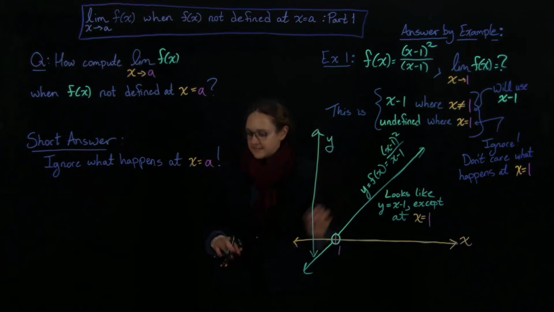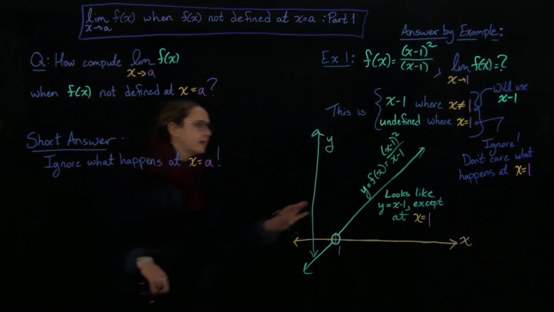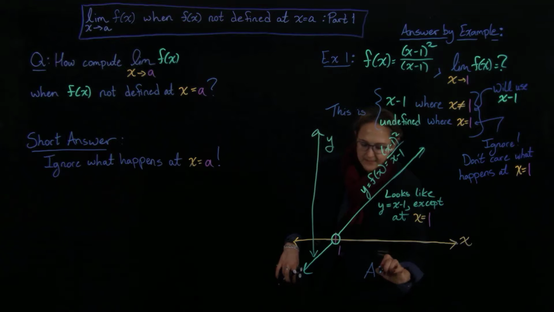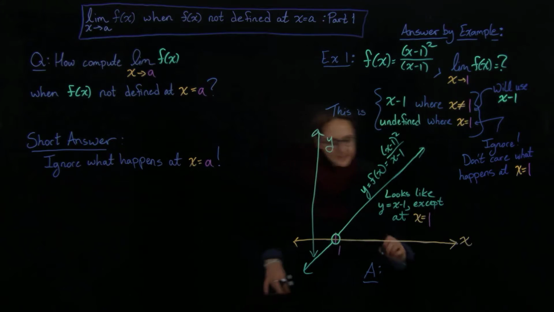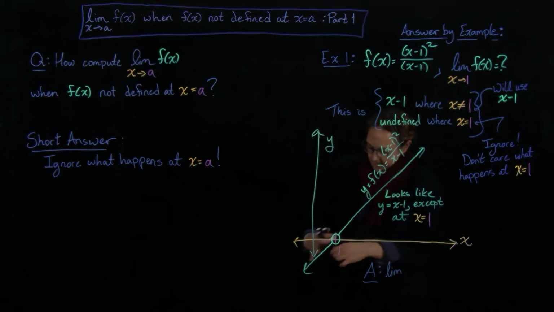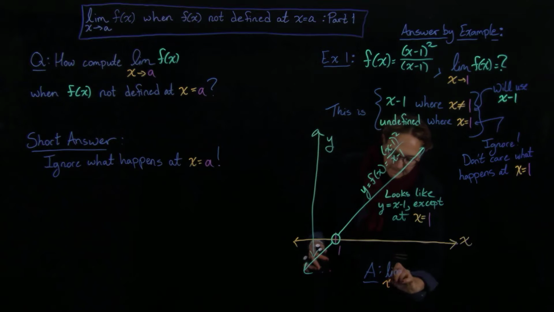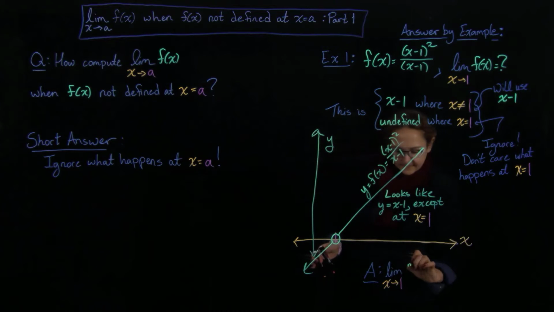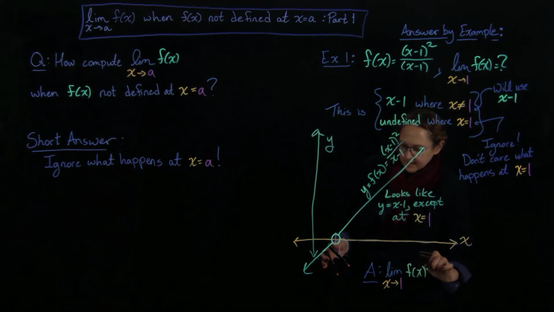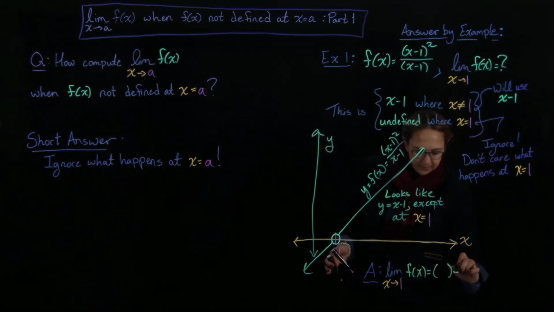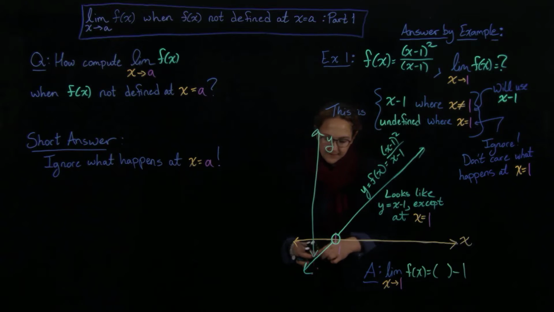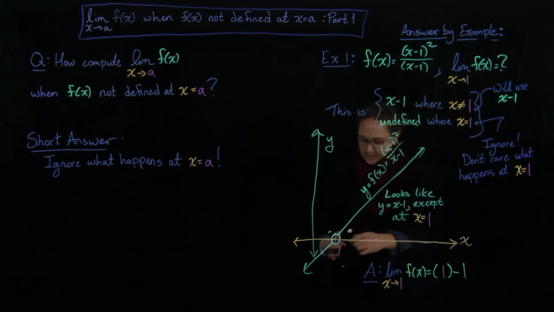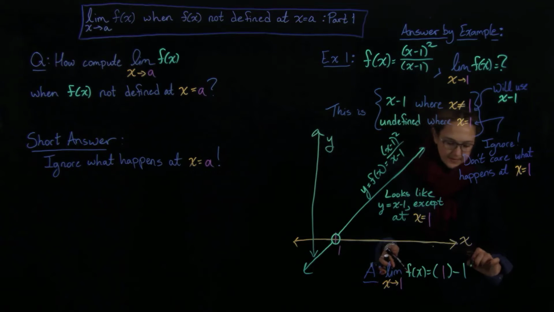I'll put the answer down here, because it's the answer to this example, not to the overall question. The limit as x approaches 1 of f of x is going to equal, I can just substitute it in, I put this 1 into the function x minus 1, and I get 0.